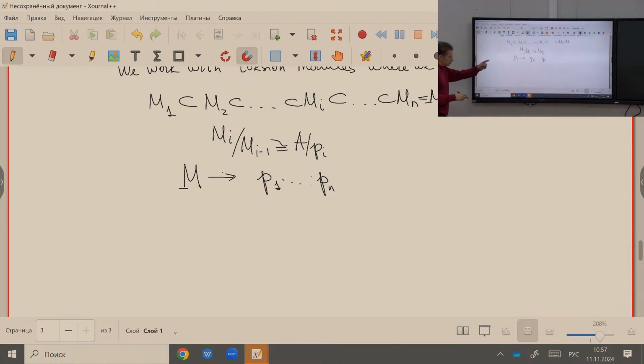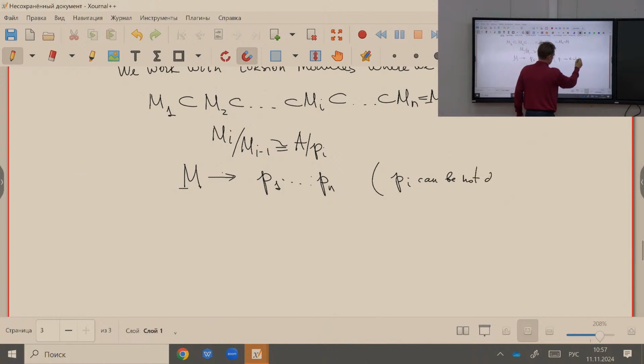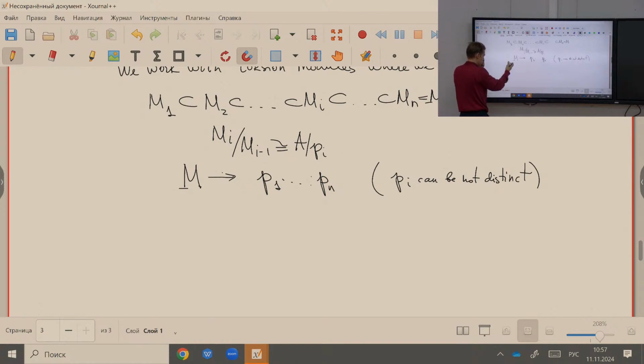When we are writing down this product, of course, the pi's can be equal to each other; the pi's can be not distinct. So this allows us to write down the group homomorphism.